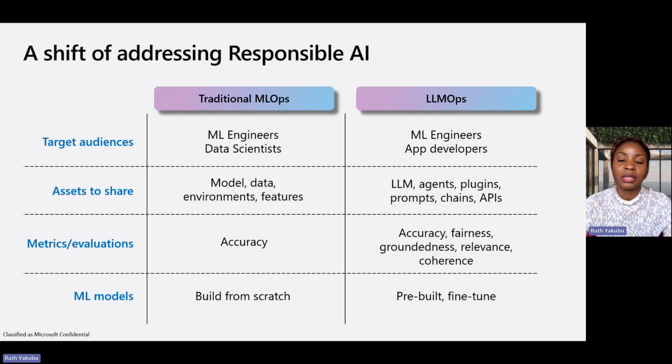Is the answer that this, let's say, ChatGPT is giving me, is it relevant to what the question was, or the context of the conversation, the dialogue that I was having with the chatbot, or how coherent is it?